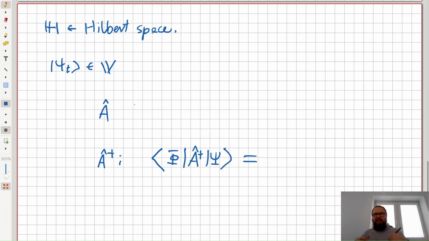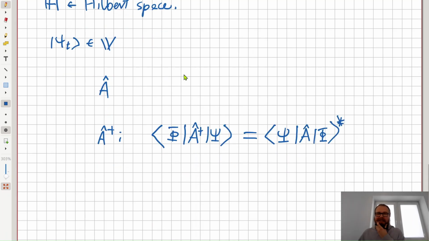A dagger is such an operator that satisfies this equation. I will explain this later.